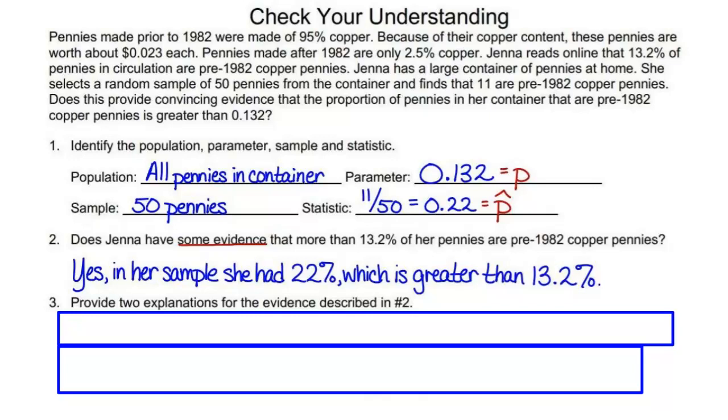So what could be a reason that her proportion is bigger than the population proportion? I want two different possible explanations for why her percentage is higher than the population average. Yeah, maybe she got lucky.